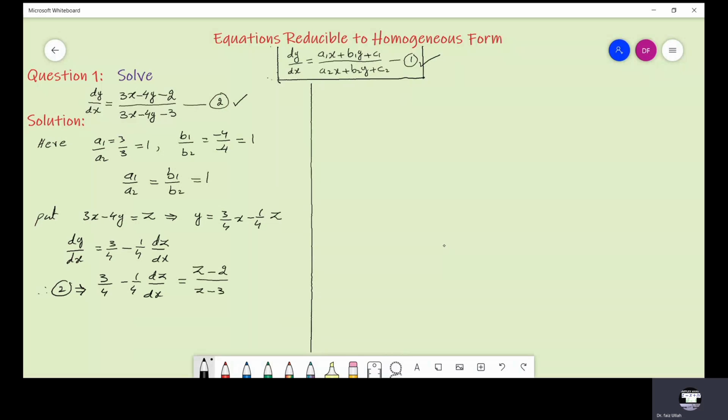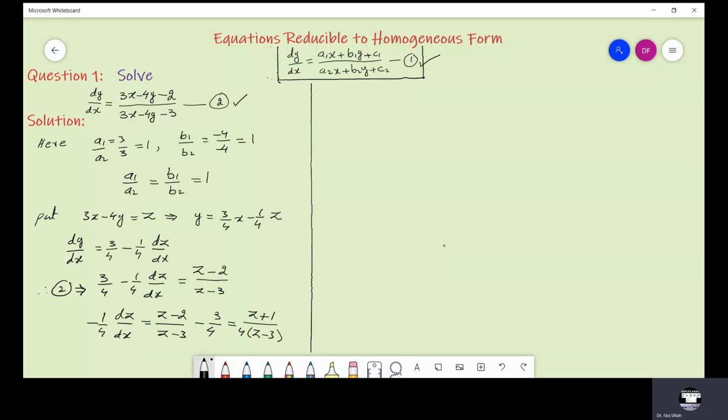Now let us simplify this equation. 1/4 dz/dx is equal to (z minus 2)/(z minus 3) minus 3/4. Now if we take the LCM and simplify this equation, we get (z plus 1) divided by 4 times (z minus 3).